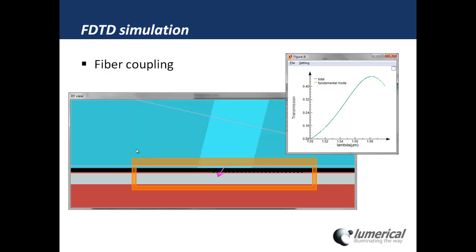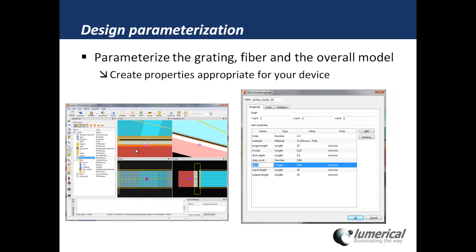Before I show the demonstration of that, I just want to talk a little bit about parameterization of this type of design, because the grating itself needs to be parameterized, and the fiber, as you can see here, also needs to be parameterized. We have a parameterization capability which allows you to do almost anything that you want.